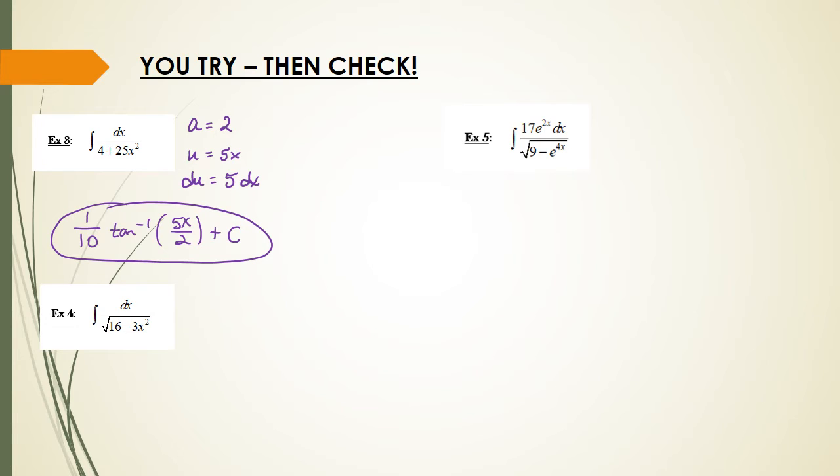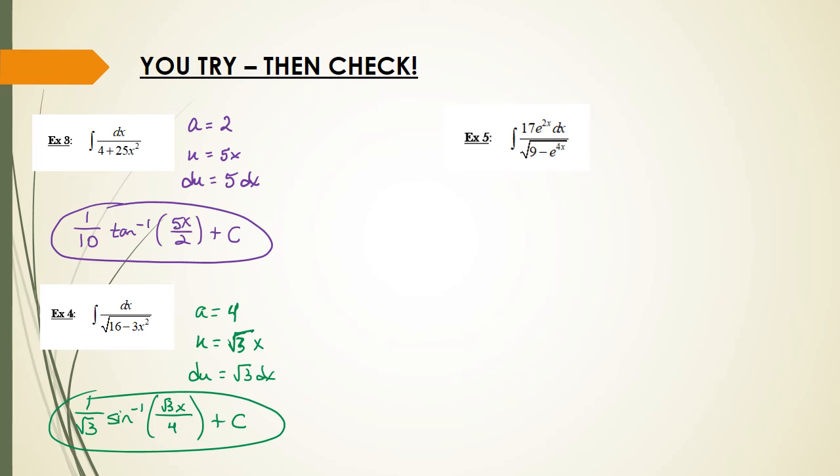For example 4, we were using a equals 4. u was actually equal to radical 3 x, and the x is outside the radical, which yields du as radical 3 dx, so we're off by that radical 3. The final answer here was 1 over radical 3 arcsine of radical 3 x over 4, plus c.